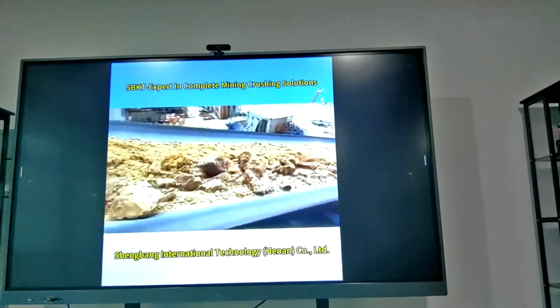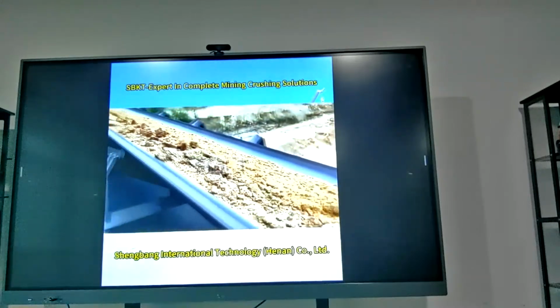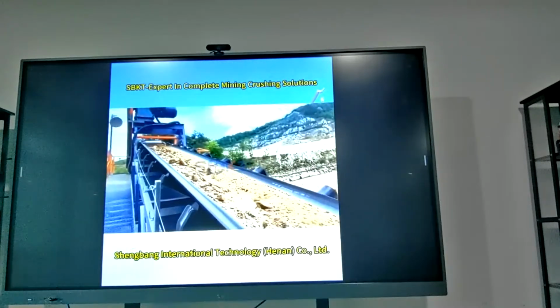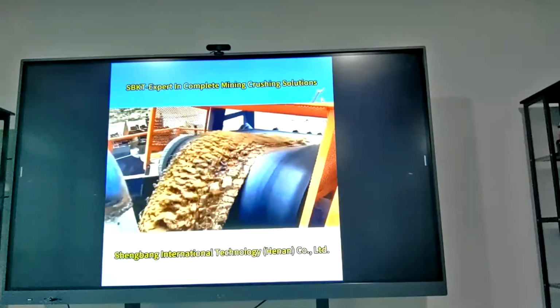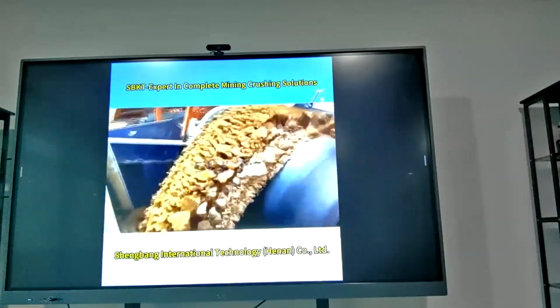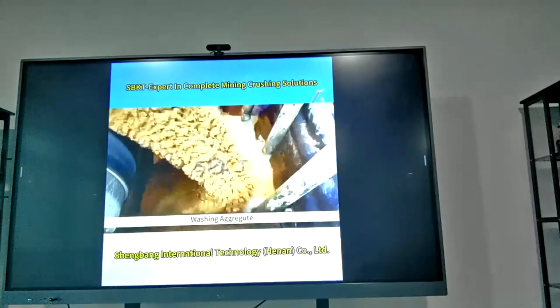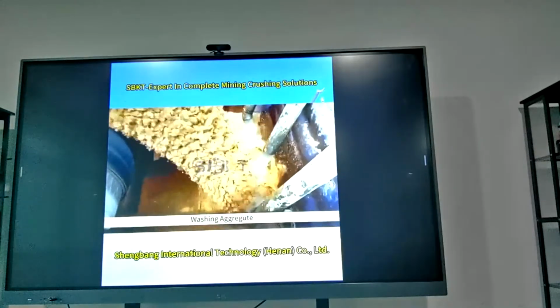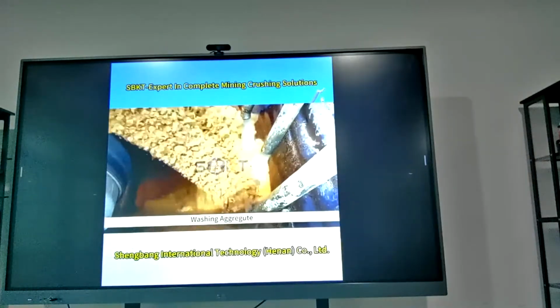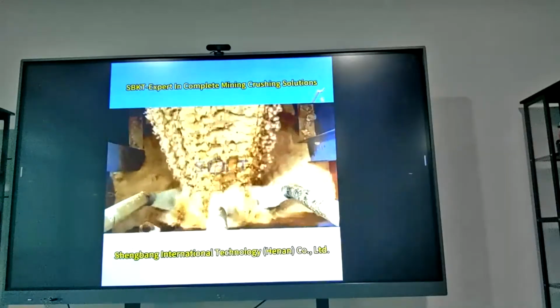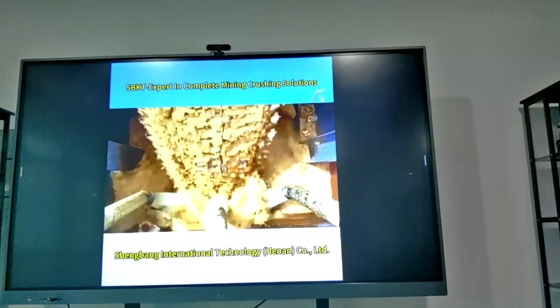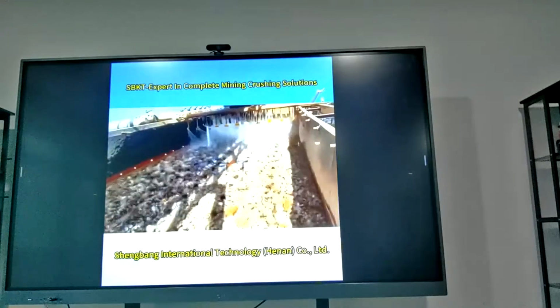But the European version of the jaw crusher has a relatively high market price due to the use of advanced technology and high-quality materials. However, its efficient production capacity, excellent stability, and low maintenance costs can significantly reduce the overall operating costs during long-term use.